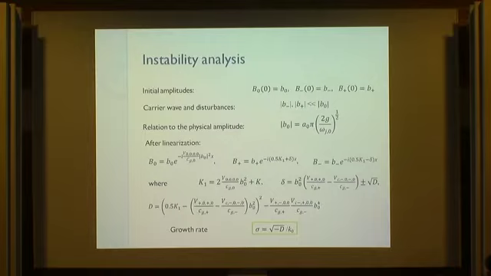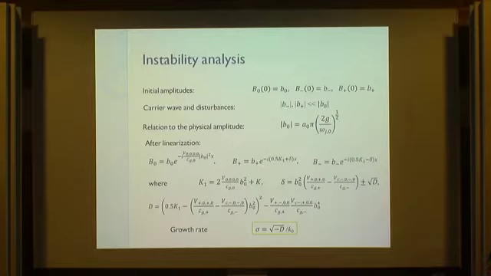We can see here that this is the amplitude of the carrier wave, which is not so drastically changing, and those amplitudes of the sidebands, they have here some delta, which will make exponential growth if the power of the exponent is big. So in order to find where the growth will be the fastest, we need to make this term a high power.